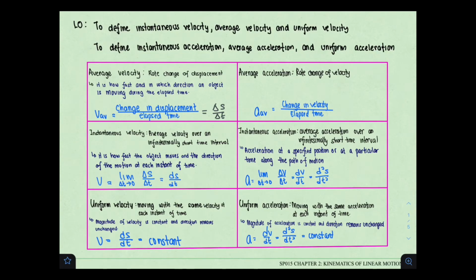Kita nak tekankan pada sesuatu saat itu, at a particular instant, how fast your object is moving in a specific direction. So the V instantaneous is equal to the limit as delta T approaches 0 of delta S over delta T, which is actually ds over dt.